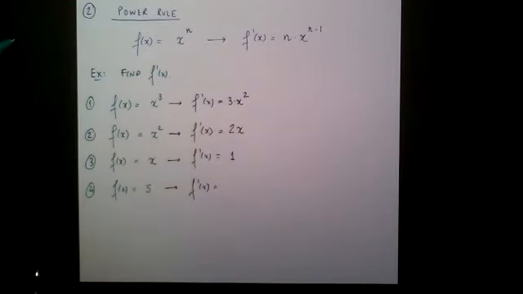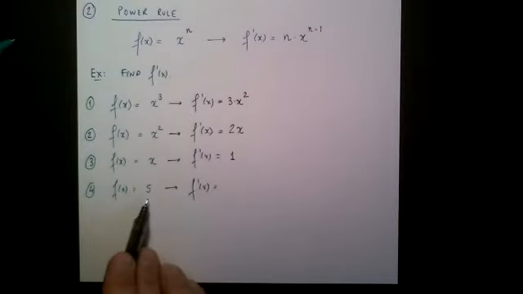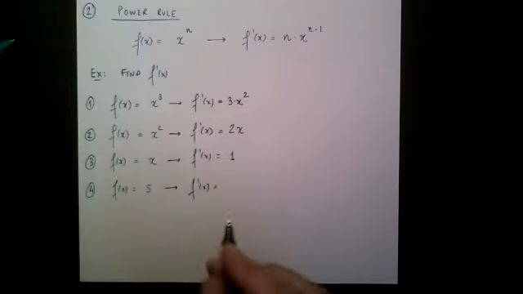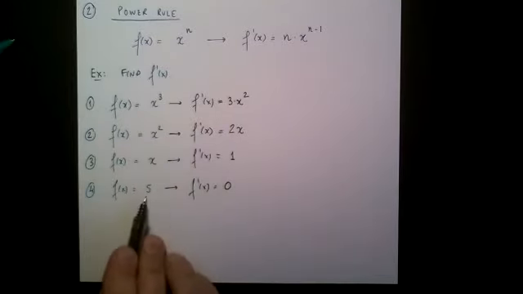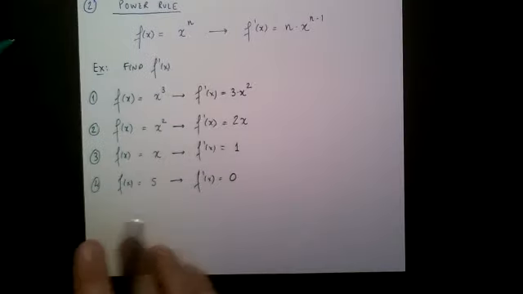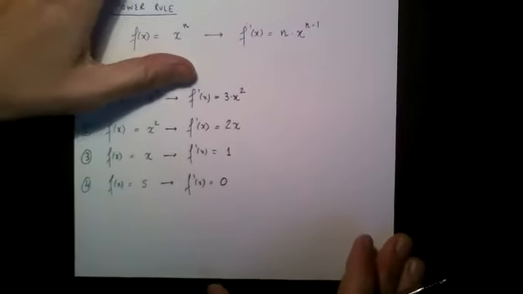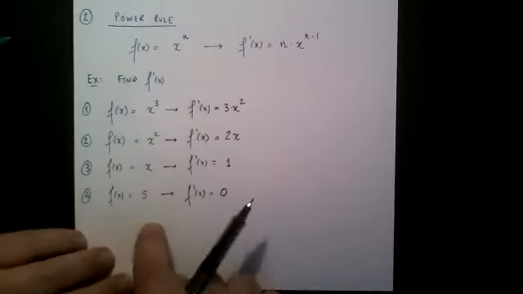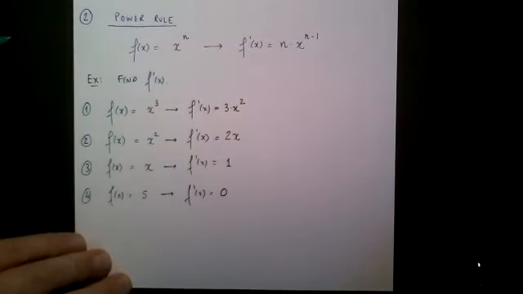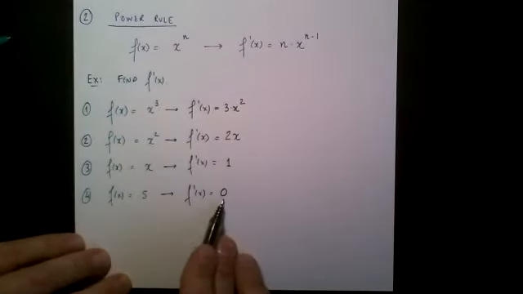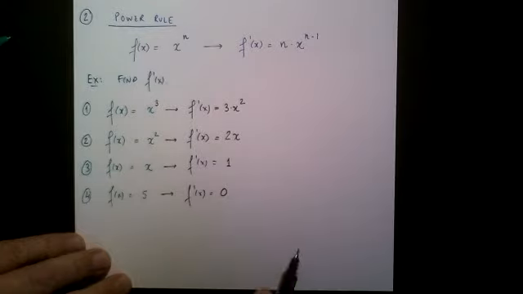And 5, what's the derivative of 5? 0. 0, exactly, because 5 is the same thing as 5 times x to the power 0, and if you bring the 0 down, you get 0. This makes sense because this is a constant function, a flat straight line, and a horizontal line has a slope of 0. That's why the derivative is 0 for all x.